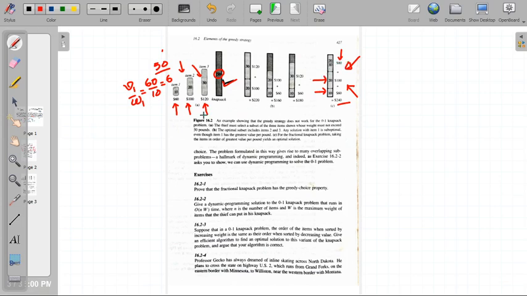Now with that algorithm, if I proceed, then whether this is leading to the optimal solution for this 0-1 knapsack, that is shown here. Okay, right? So first of all, this 60 by 10, that is 6.